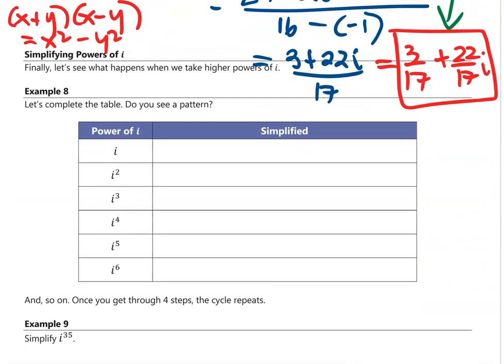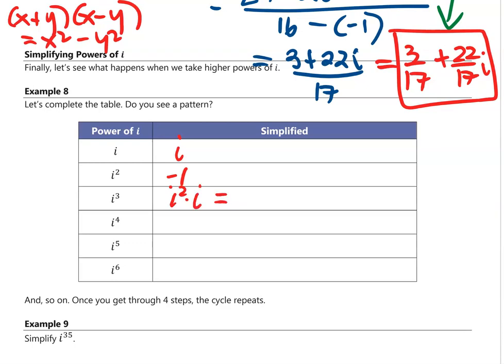Alright, next, simplifying powers of i. Finally, let's see what happens when we take higher powers of i. So let's start with what we know. i, simplified, we just write i. i squared is, what do we know about i squared? That's correct, negative 1. i cubed, we know that this is i squared times i.